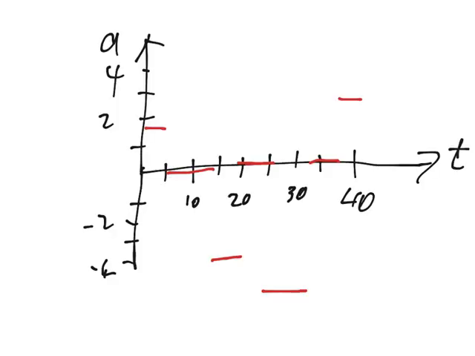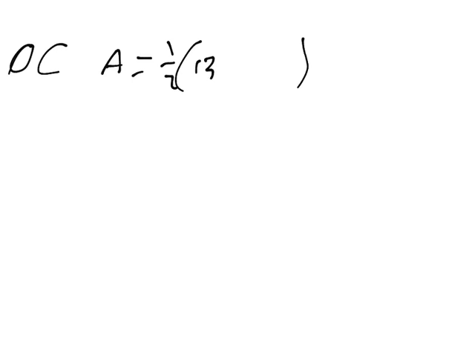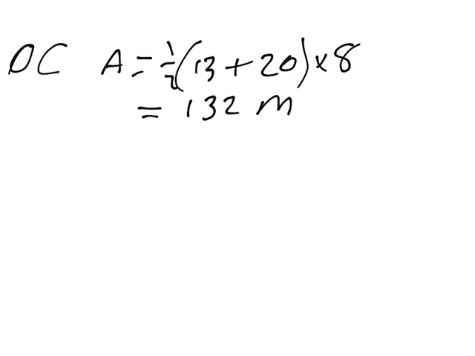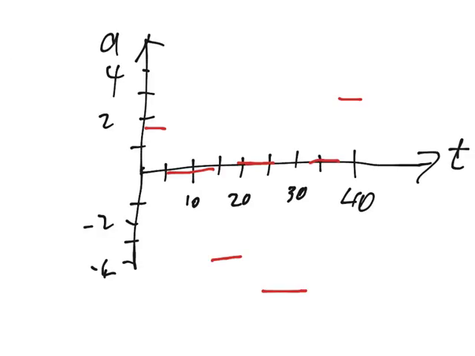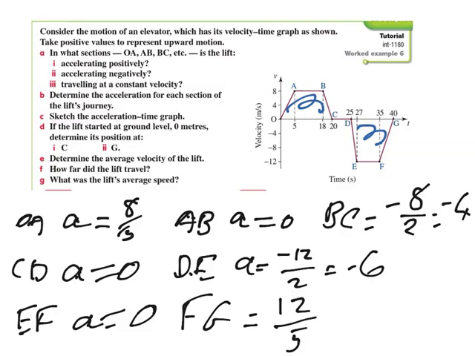So O to C, our area is a half of the sum of the two parallel sides, 13 and 20, times the distance between them, which comes out to 132 metres. Alright, so that's that area in there.